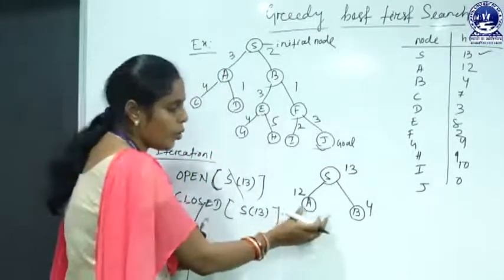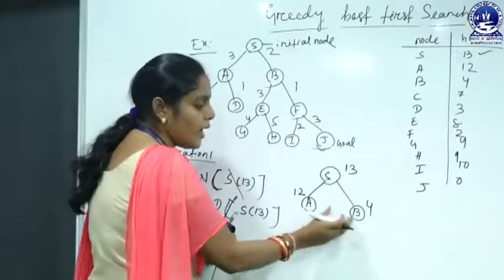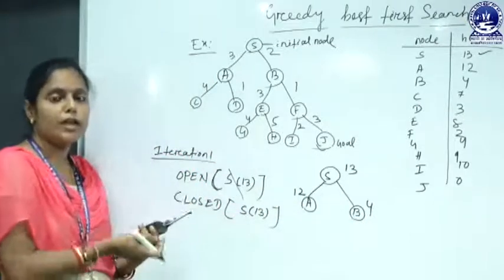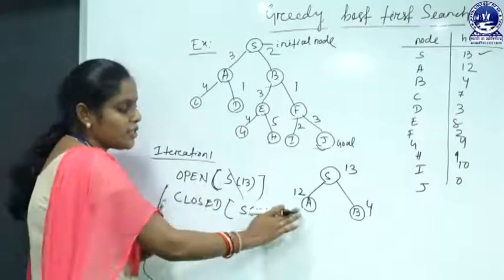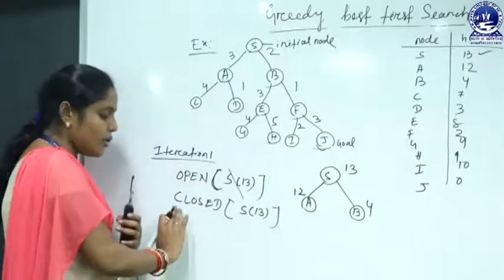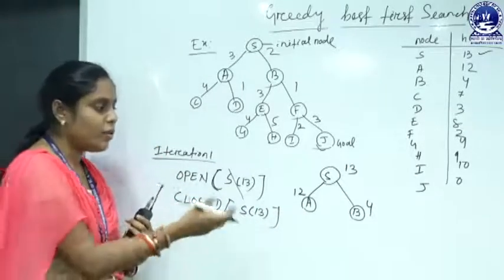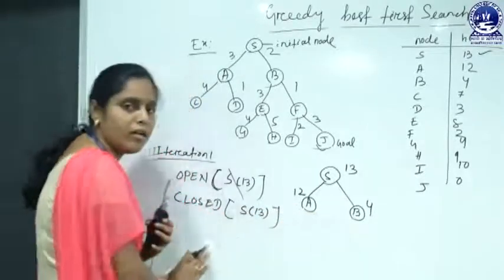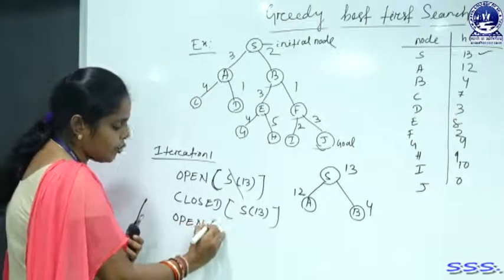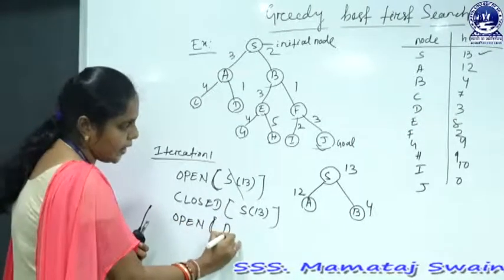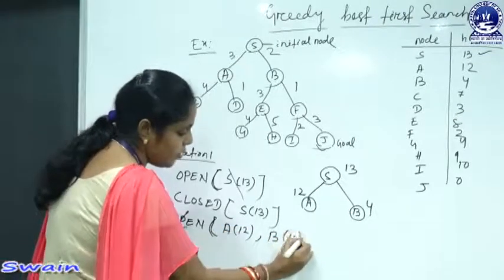Now for nodes A and B, again we check whether they are present in our open list or closed list. Now check, in our open list there is no node A and B, and also in our closed list there is no node A and B. That means here we add nodes A and B in our open list. Now our open list is updated and contains the node A which heuristic value is 12 and node B which heuristic value is 4.